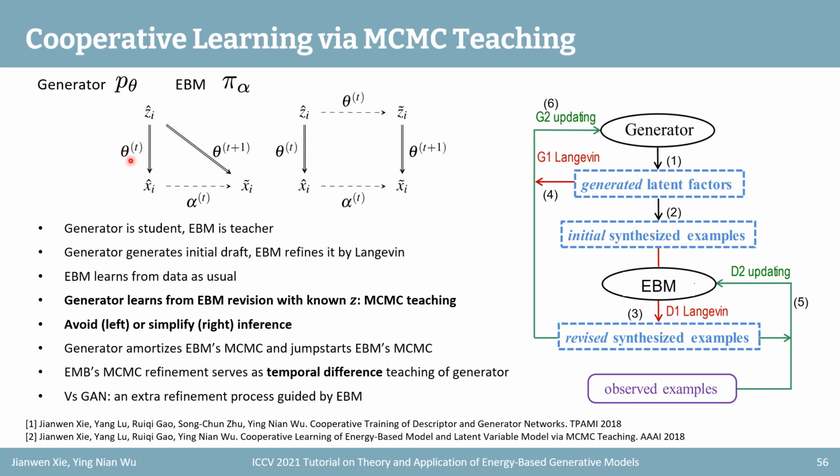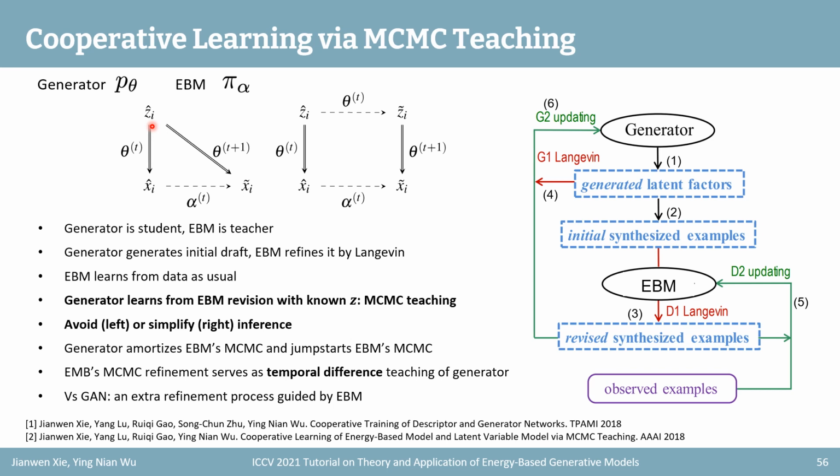Now we update our parameter from theta t to theta t plus 1 so that this zi hat now reconstructs this xi tilde, the revised example. So this way, we actually distill this finite-step Langevin dynamics into the generator model. So the generator model learns from the revision made by the EBM.